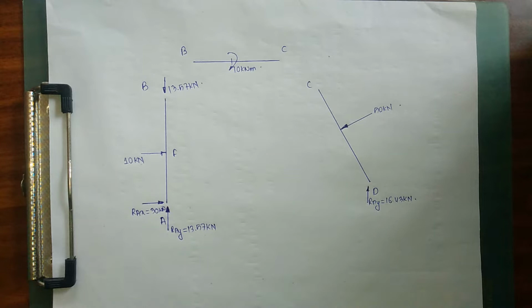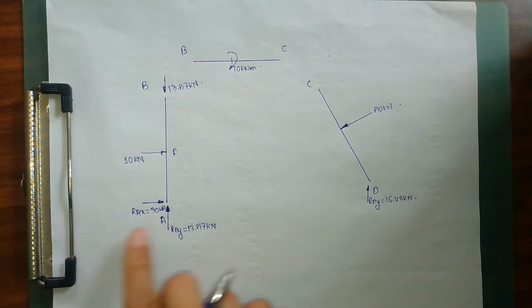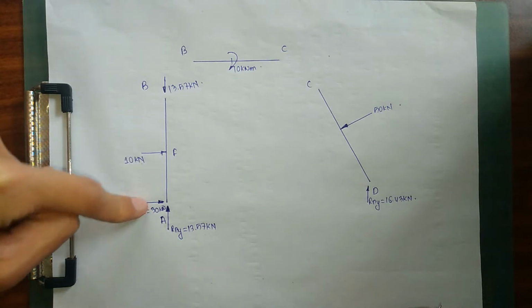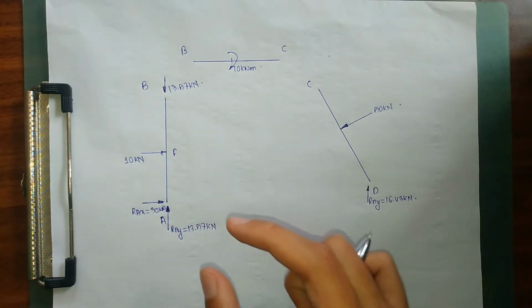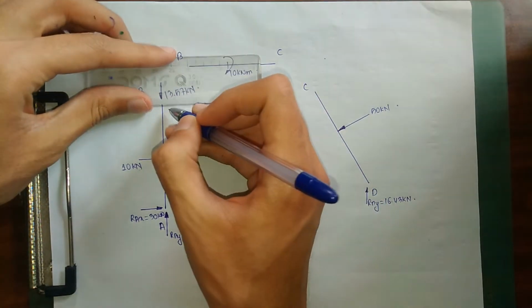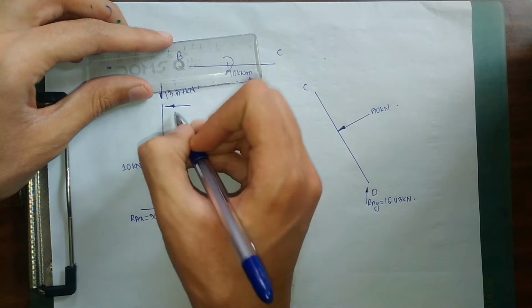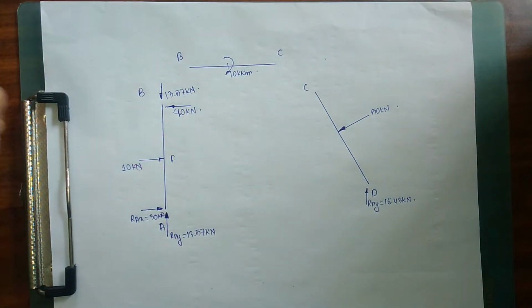So a force of 13.5 kilonewton must act in the opposite direction. Similarly, we can see here a force of 30 kilonewton and 40 kilonewton is acting in this direction. So in order to maintain equilibrium, a force of 40 kilonewton must act in this direction. As you can see, we have been using simple logic.